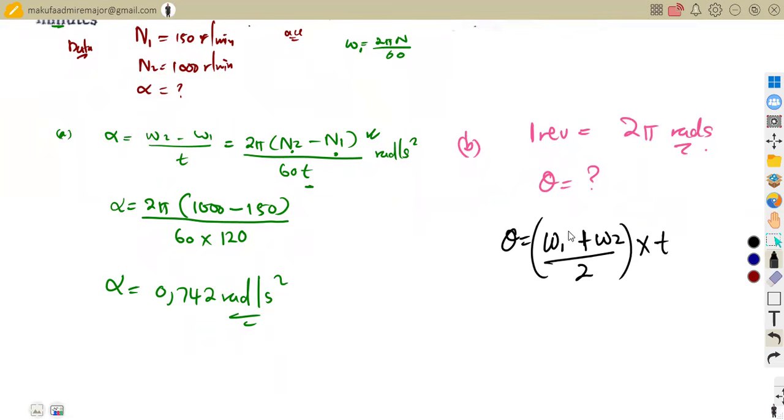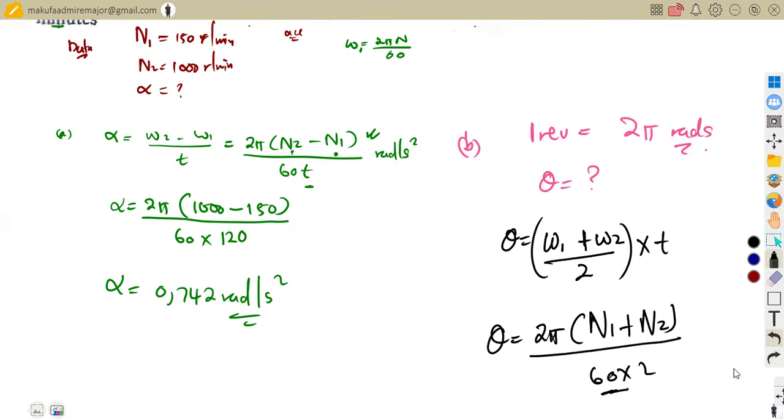But like I said, the omegas can be written in terms of n. So theta in terms of n is going to be 2 pi times (n1 plus n2) over 60 times 2, times the time. This 60 is for converting revs per minute to revs per second.